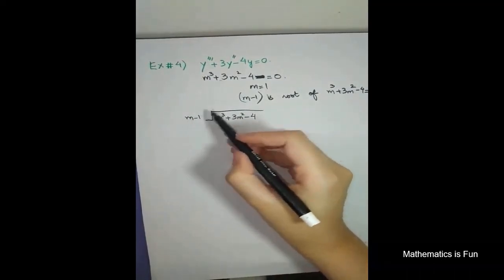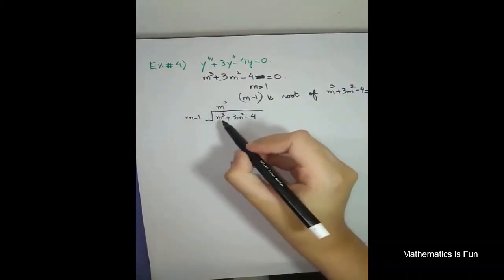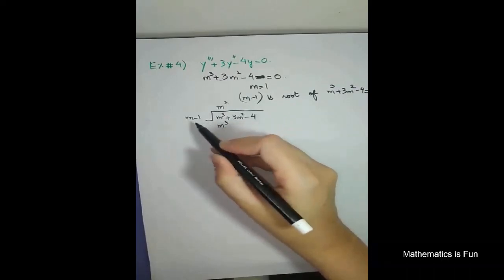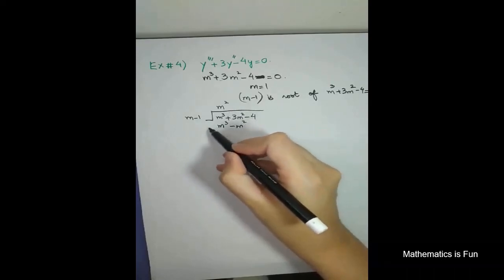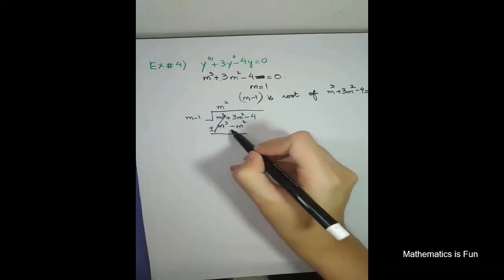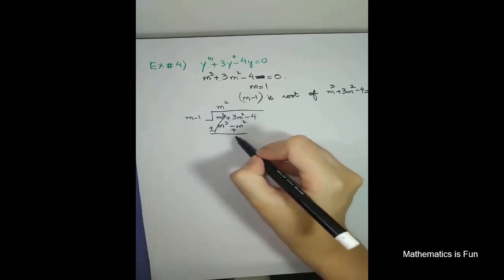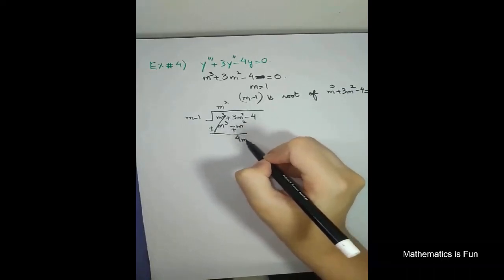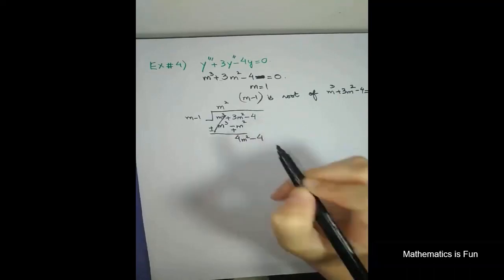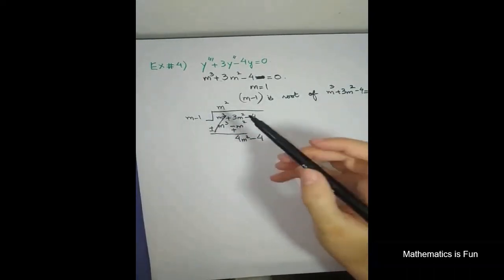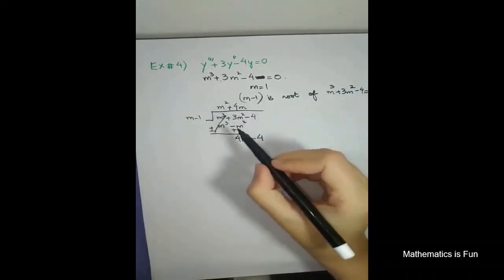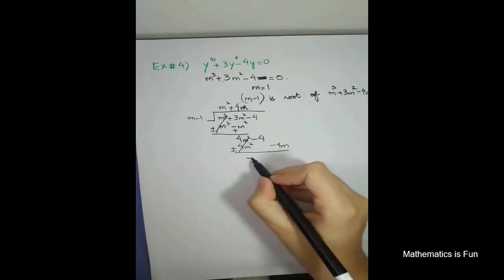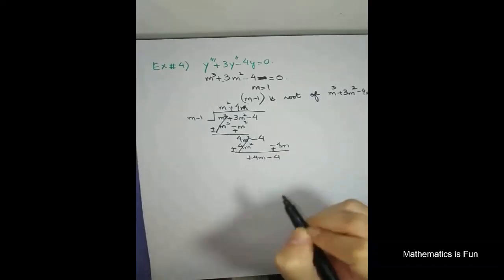So m minus 1, if I multiply it with m square, gives m cube minus m square. Subtraction cancels, leaving 4m square minus 4. If I multiply with 4 and m, then subtraction becomes plus 4m minus 4.